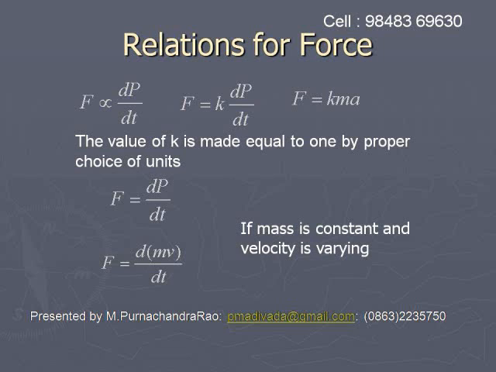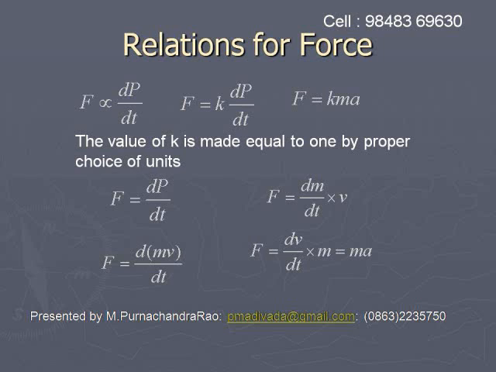If mass is constant, then F is written as m into dv by dt, that is equal to m into acceleration a. If velocity is constant, F is equal to dm by dt into v. Like this, we write the relations for force.